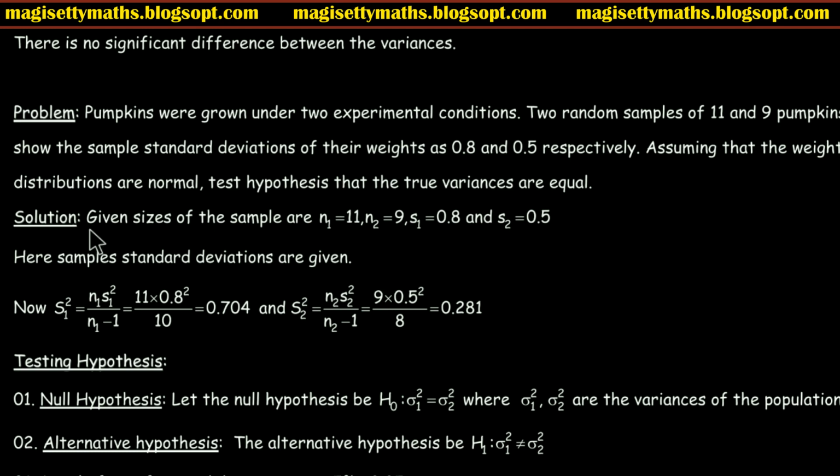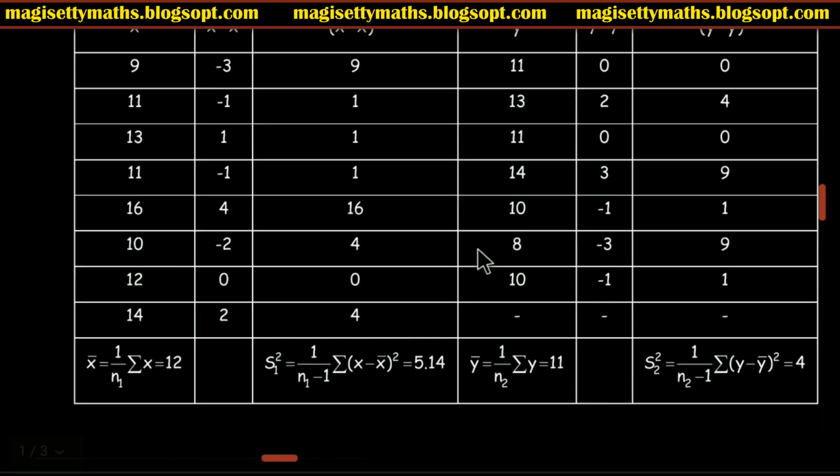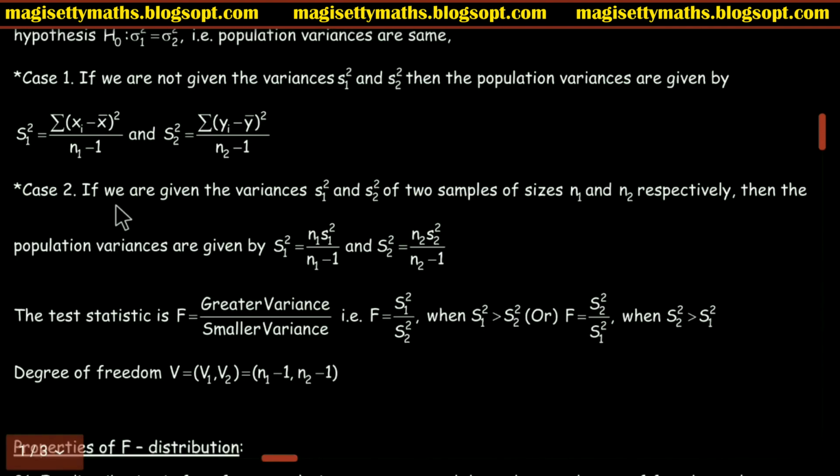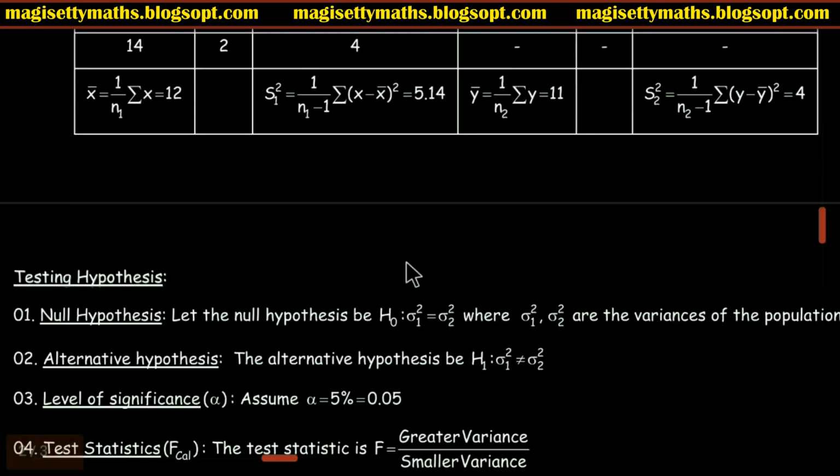Now coming to the solution, given the sizes of the samples are n1 equals 11, n2 equals 9, and the standard deviation of the first sample is 0.8 and of the second sample is 0.5. Clearly here sample standard deviations are given, so this is case 2. If we are given the variances of samples, then we can evaluate the population variances by using these two formulae.